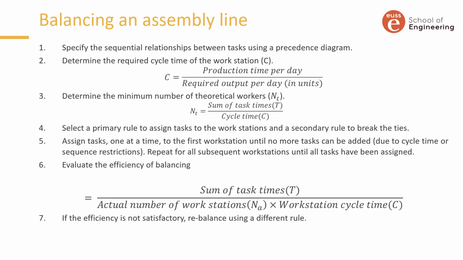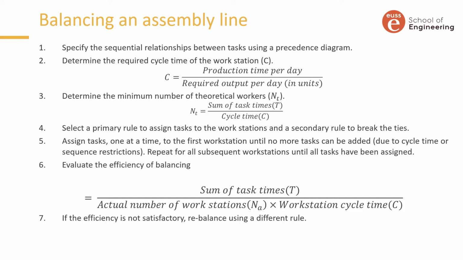The third point is determine the minimum number of theoretical workers. So as you see, minimum, two keywords, minimum and theoretical. It means that we should calculate what should be the minimum number of the workstations.